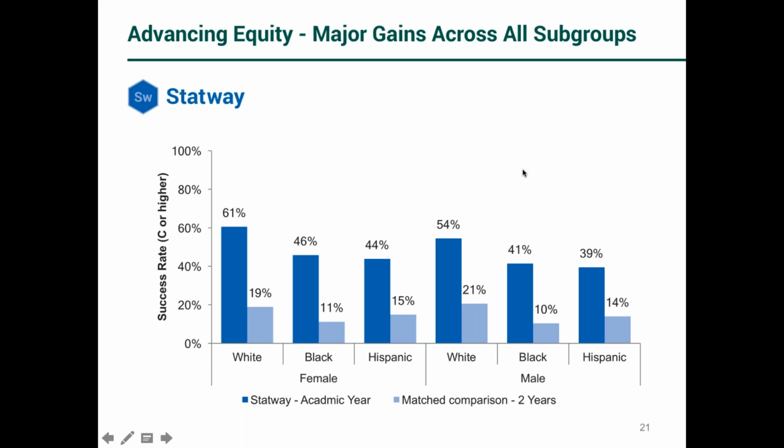And of course, the community college student population is more racially diverse, older, and lower income than four-year university students. And minority students are placed in more developmental math courses and less likely to complete these courses than white students. And so given that whole context, the fact that the subgroups are doing so much dramatically better in many cases really is evidence to us that we are beginning to provide greater equity.